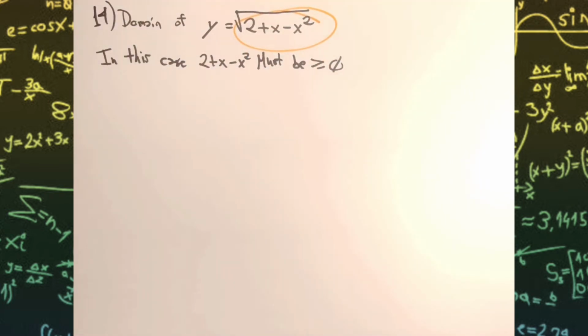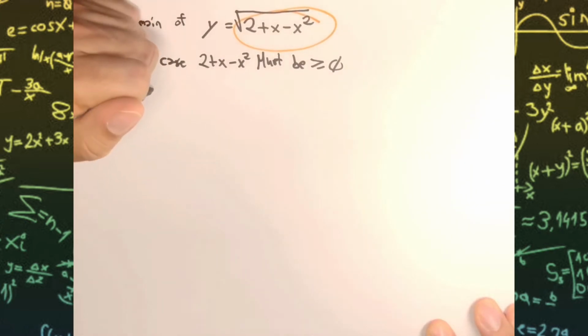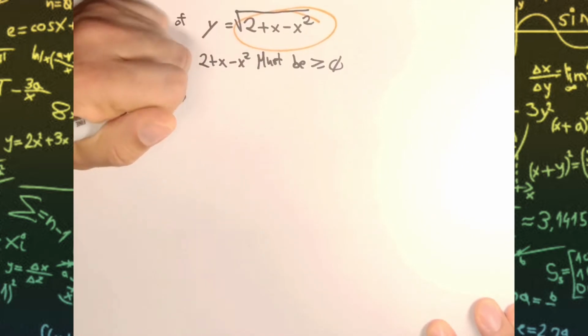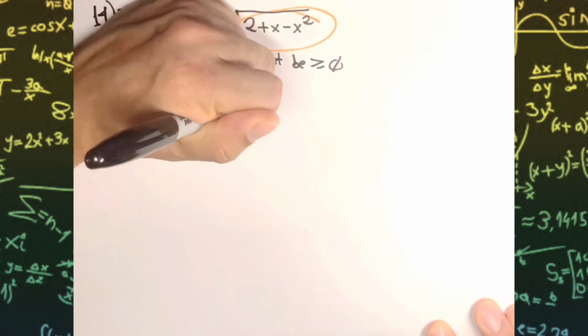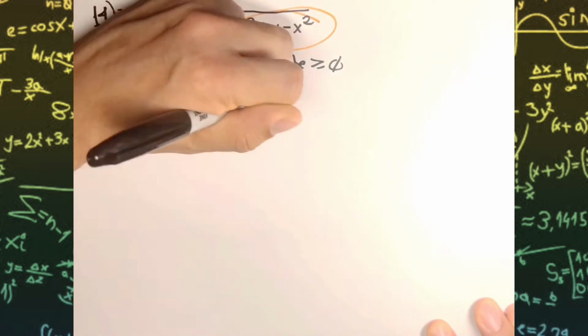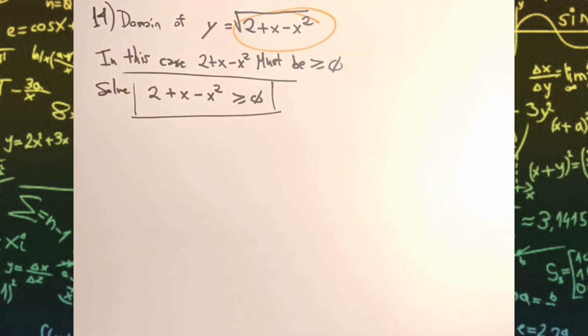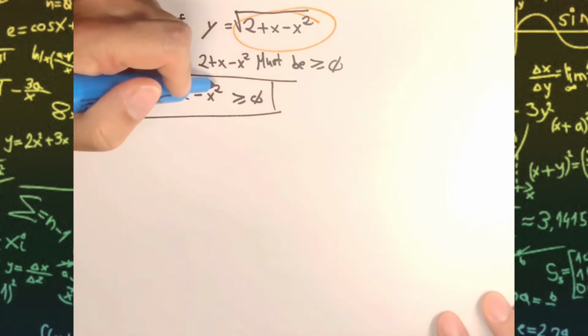The inside of this function, therefore, has to be positive, the argument of the square root. So we have to solve the inequality 2 plus x minus x squared being greater or equal than 0. Once we do that, we will know the domain of existence of the function.